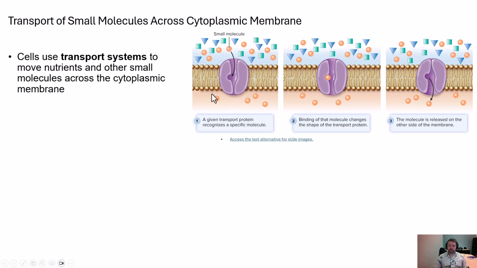So you might have a protein embedded in the membrane, similar to GLUT4, a glucose-admitting protein, which would allow a glucose molecule to bind to it and then be pushed in, but nothing else could bind to that protein. Okay, and there's lots of these.